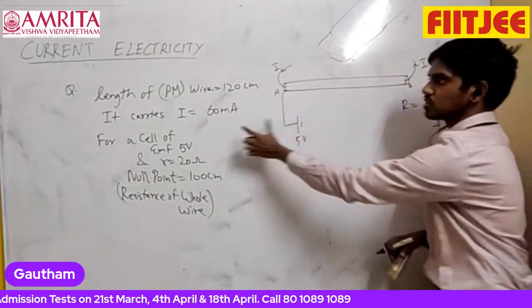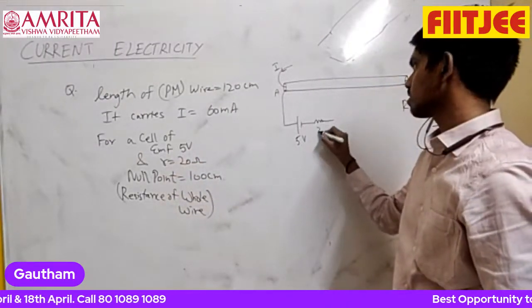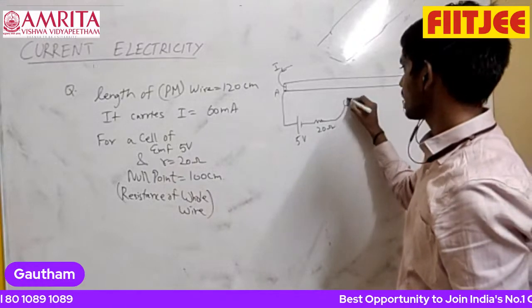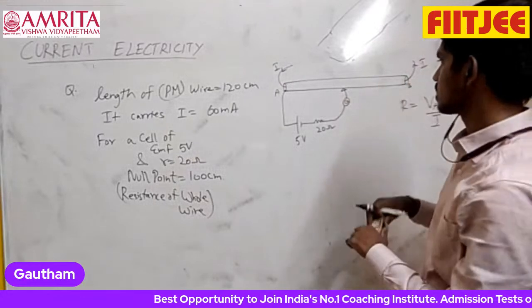But for a cell of 5 volt and internal resistance 20 ohms, we are getting a balancing length of 100 centimeters.